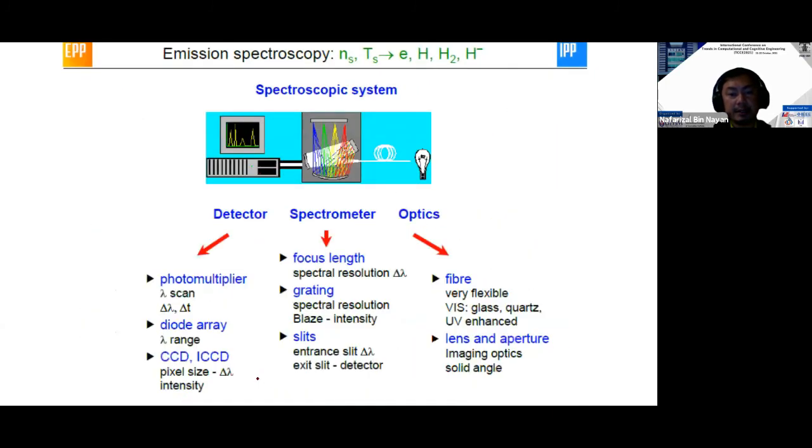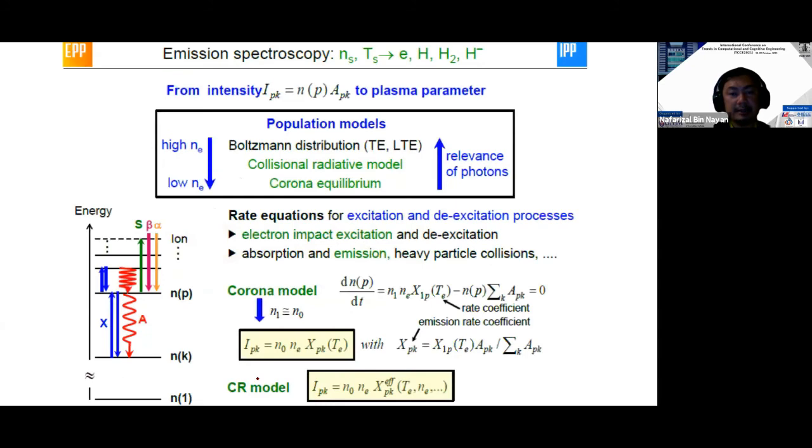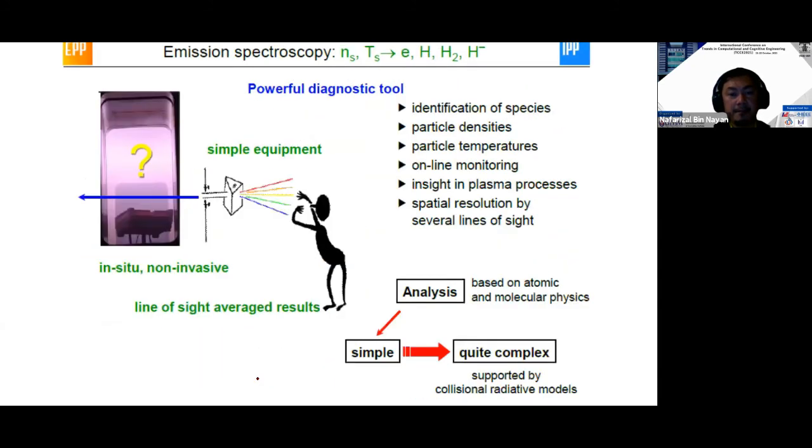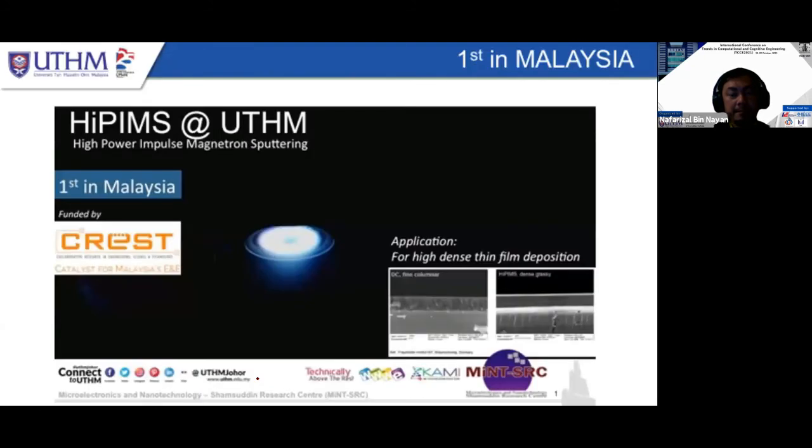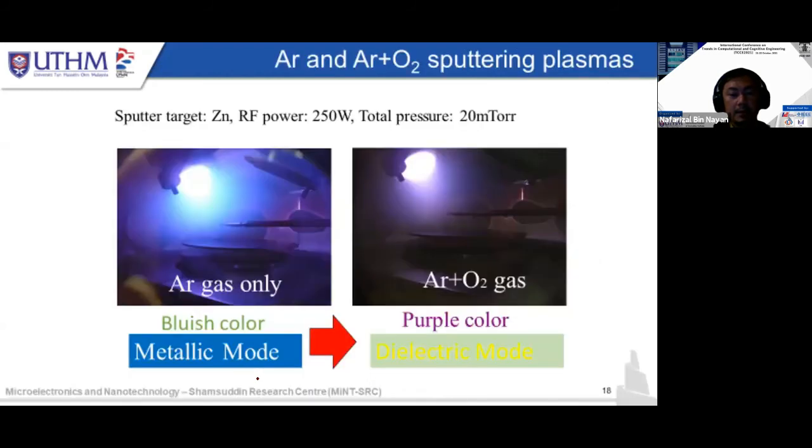Okay, so just skip these. Here is another example showing the plasma that we have in our lab, where we create a sputtering plasma using a zinc sputter target.